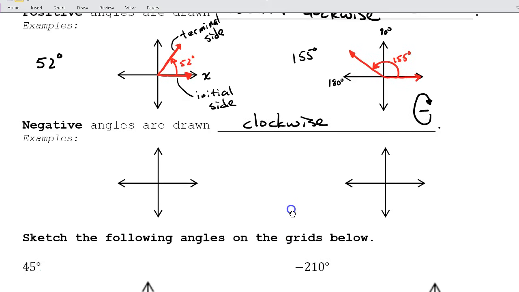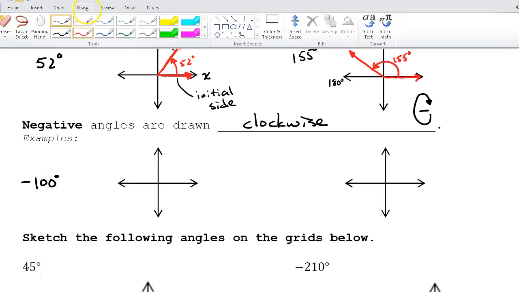Again, let's take a look at a couple examples. Let's say we have negative 100 degrees. Now, it's important to realize we're not going to rotate to 100 degrees. We need to rotate an amount of 100 degrees from the positive x-axis.